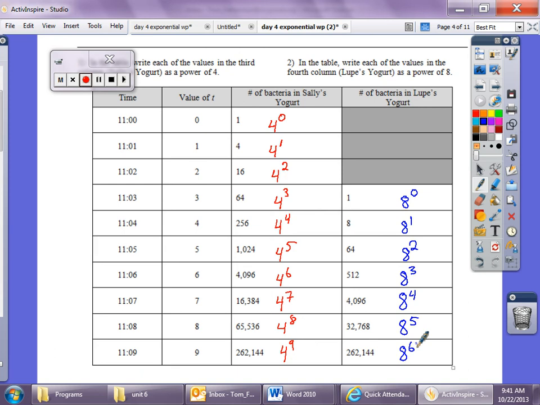And then question number 3, what do you notice when you compare the exponents in the third column and the exponents in the fourth column? Well, if we're looking at these exponents, we have 0, 1, 2, 3, 4, 5, and 0, 1, 2, 3, 4, 5.